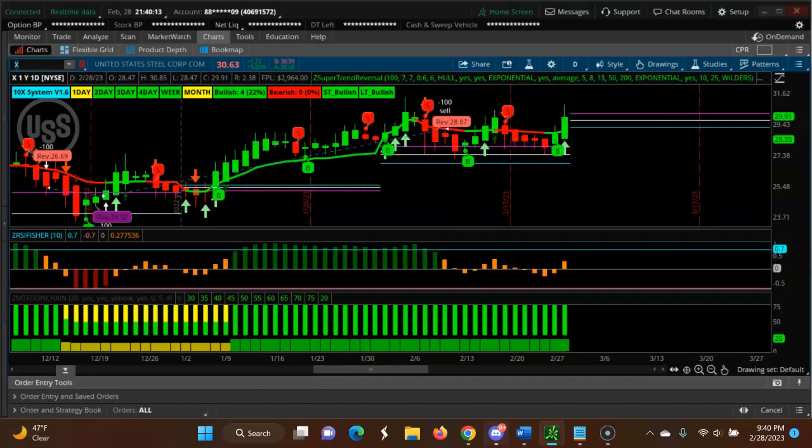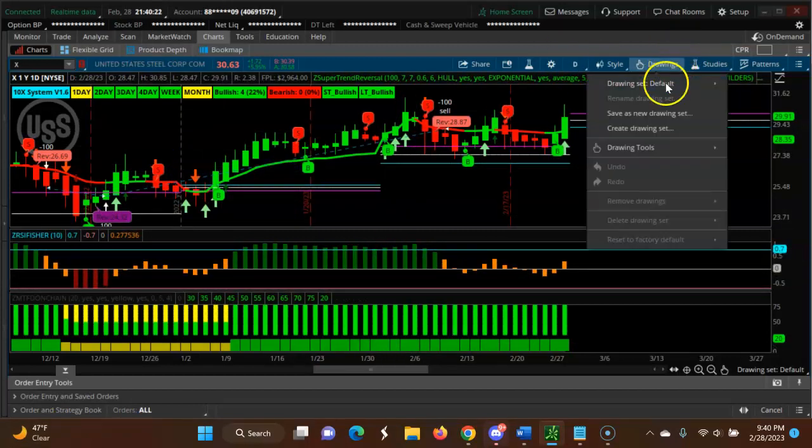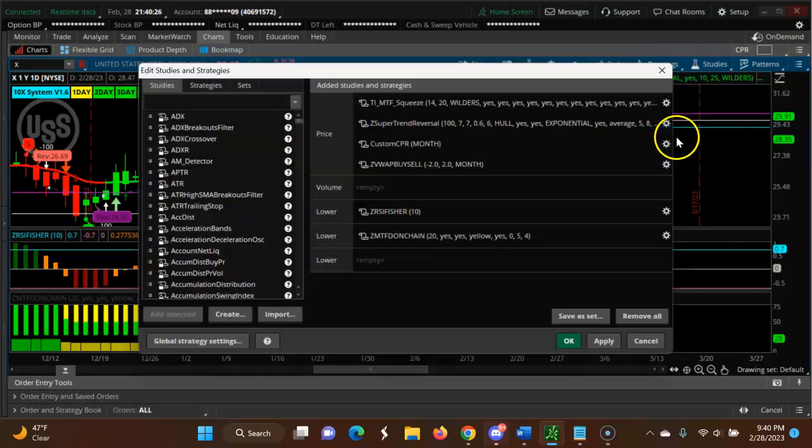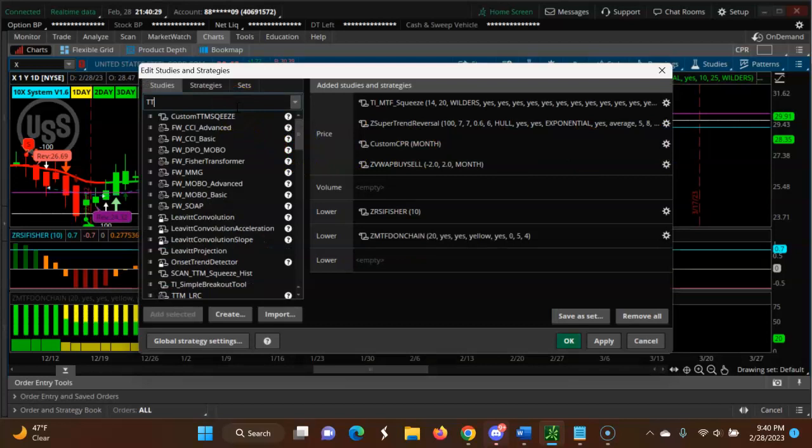Okay, so next one is, and also is in a squeeze. So let me add, edit, TTM.